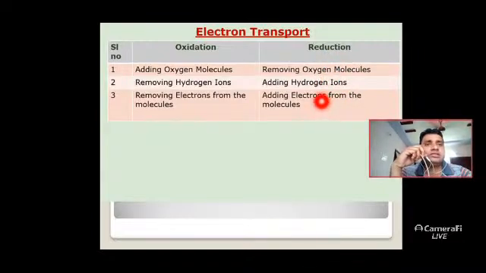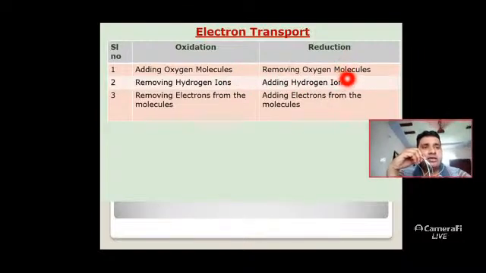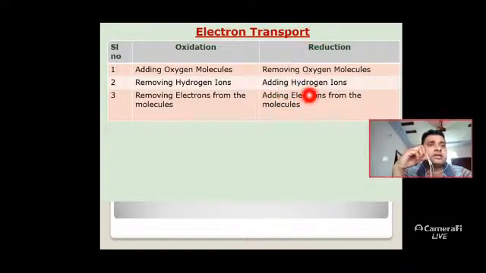So you have an idea of the major difference between oxidation and reduction. In terms of electrons, removing electrons from the molecules is nothing but oxidation. If electrons are added to the molecules, that is called reduction.